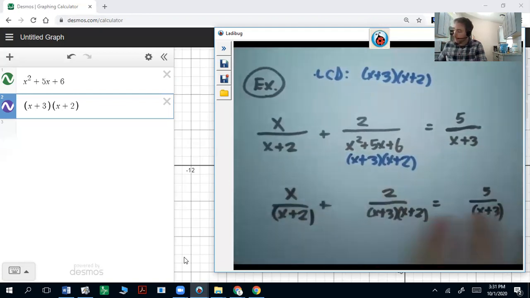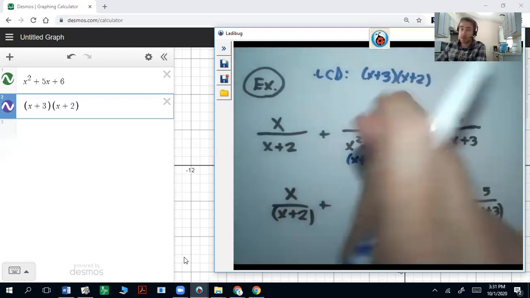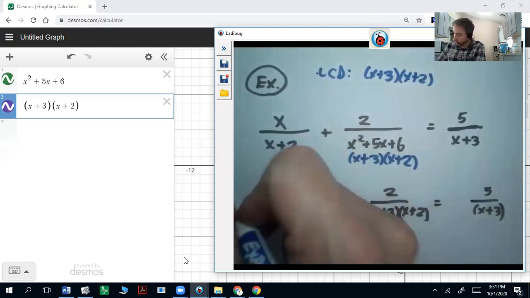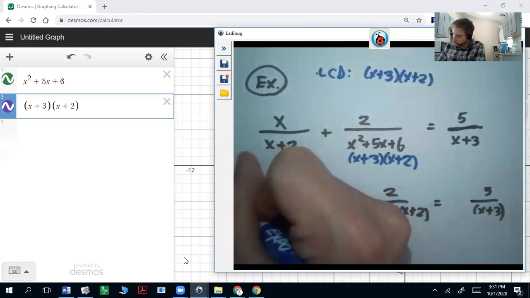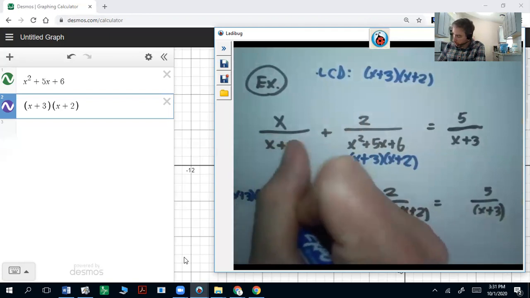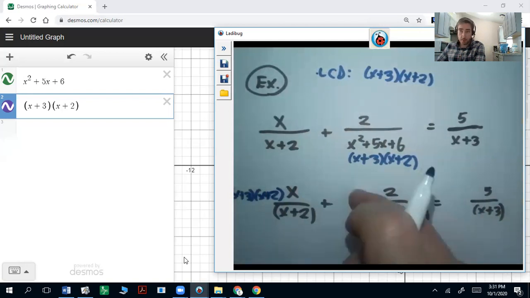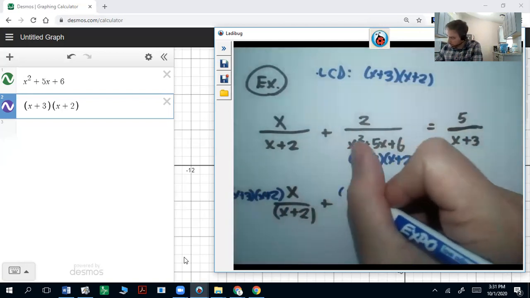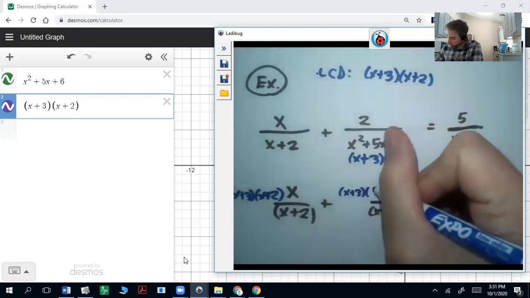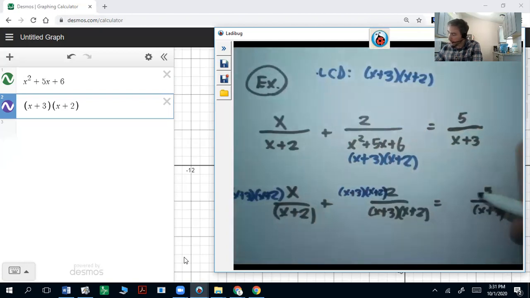Now I'm going to put my denominators in parentheses. The LCD, what we're going to do is multiply everything by x plus 3, x plus 2. We're going to do it up here, and we're going to do it next to the 5.